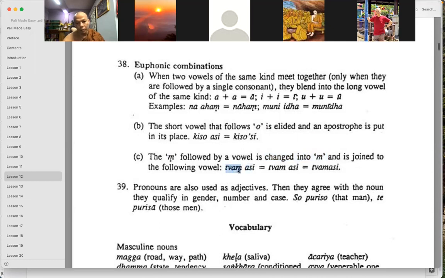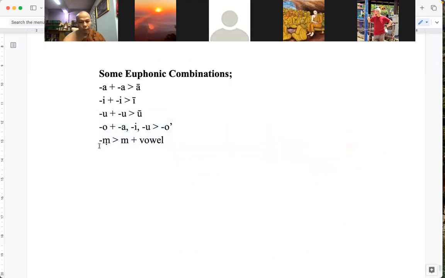Tuam, the first word, is ending in the niggahita, but the second word is starting with a vowel. So that niggahita is changed to ma: tuam asi becomes tuamasi. So that is the brief explanation: niggahita followed by a vowel, that niggahita is changed to ma. Okay.